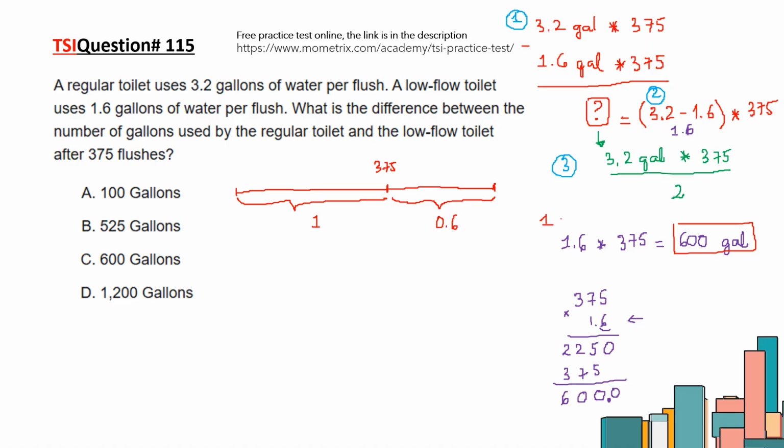It will be 1.6 times 375. So of course you have 375, the whole number 1 right there, and then you have to find the 0.6. I will take this one at half right here. This one is 0.5, which means this part is half of 375, and this part is 375.